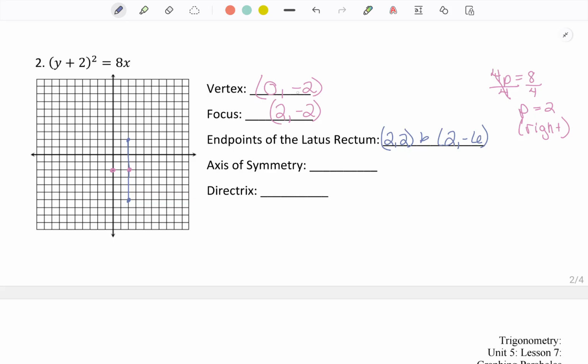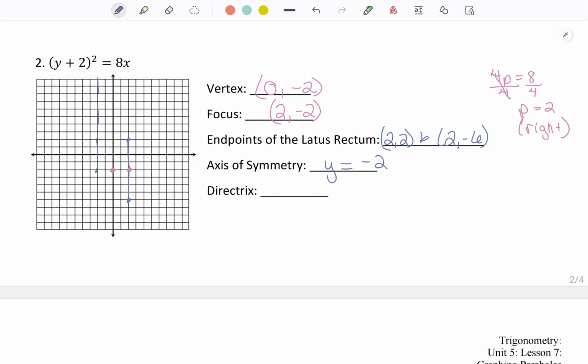So our axis of symmetry is going to be the y of our vertex this time because we are opening horizontally to the right. So that is going to be y equals -2. And then our directrix is going to be 2 units back from the vertex.